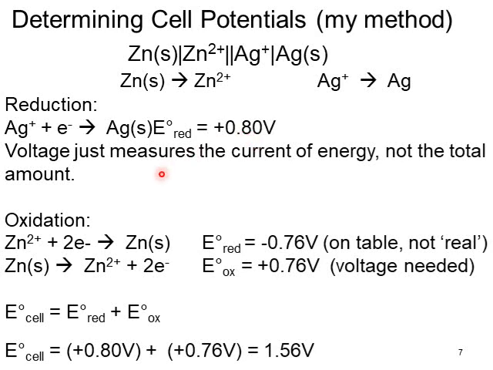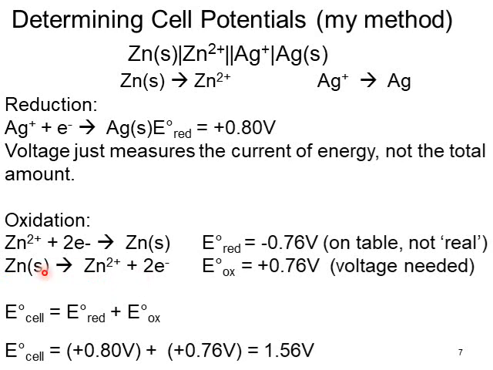Now, the problem is that the value written on the table is this one, and this does not match the value in our half cell as written, right? This is the reduction. It's in our table, but it's not the half cell we're using. What we are using is the opposite.